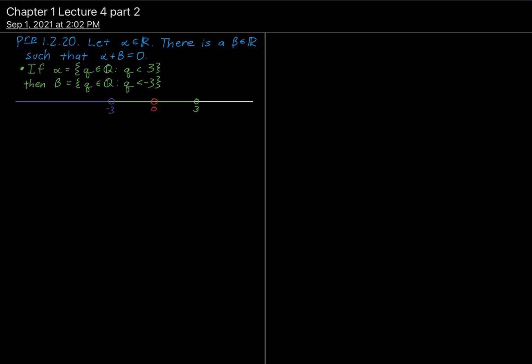So let me also point something out to you. Here is our beta, here is our alpha, and then if you take everything that's in beta and you multiply it by -1, you end up here.